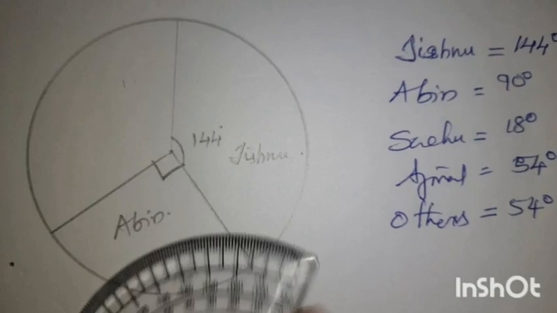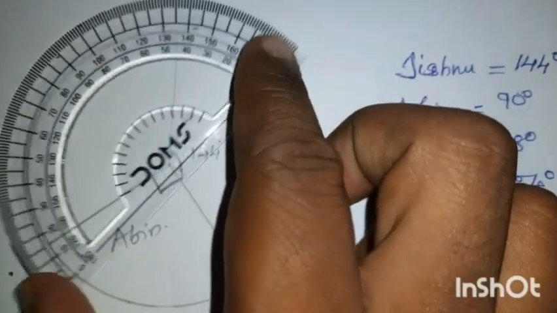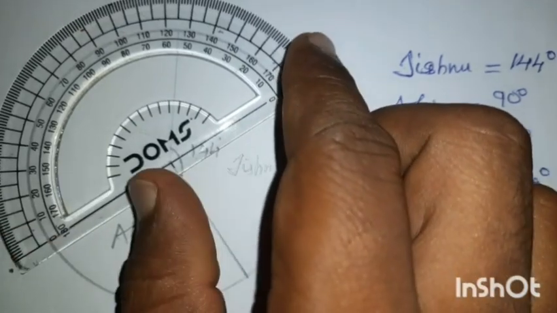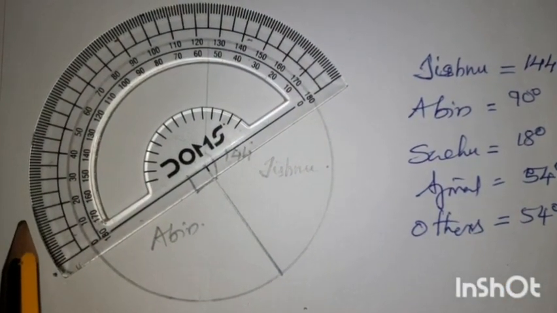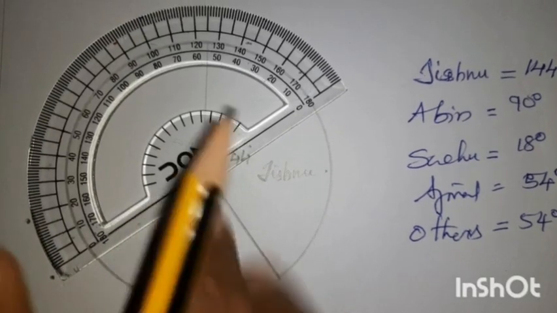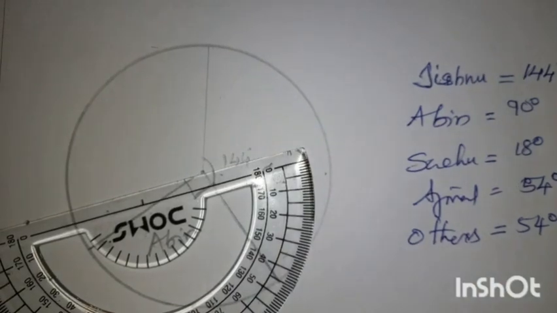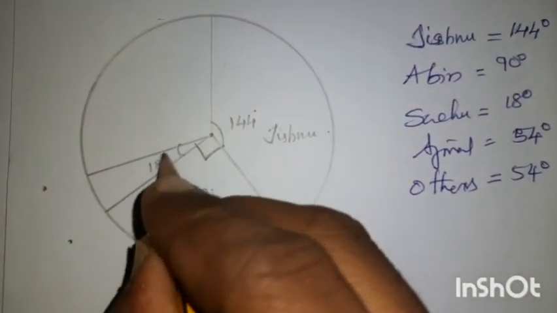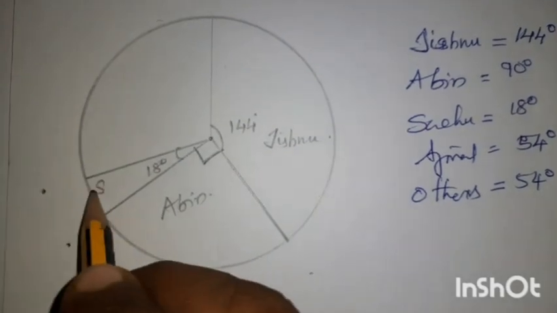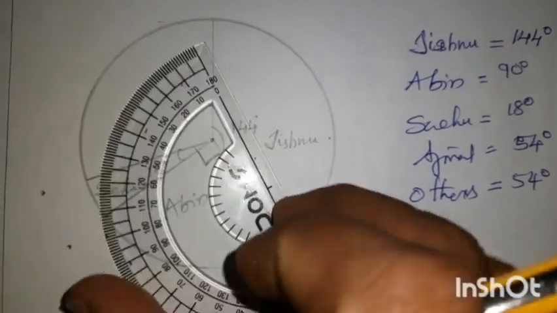Next, 18 degree for Sachu. So from this line, mark 18 degree here. Draw the line. That is the degree for Sachu. Next, 54 degree.